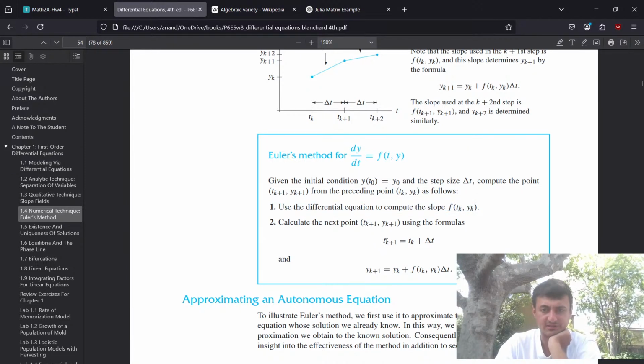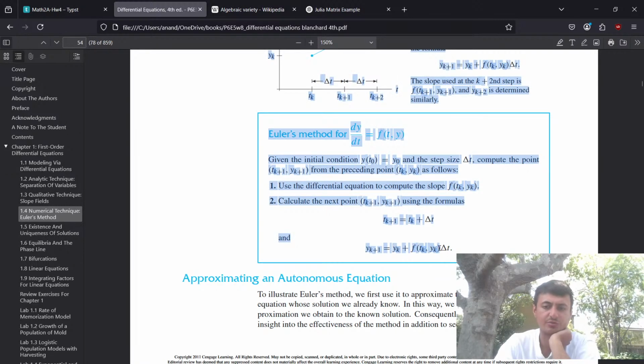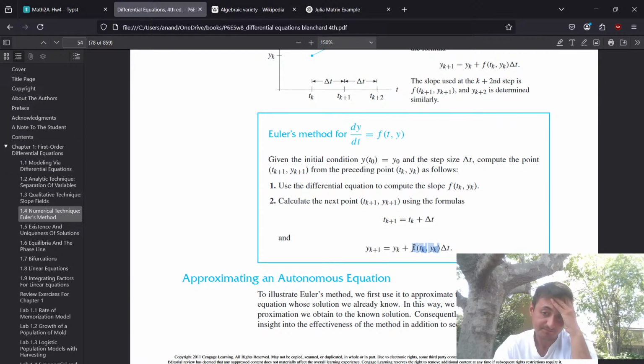Calculate the next time point by adding the step size delta t, and then compute the next y point by adding the previous y point plus the slope of the tangent line through tk, yk, multiplied by delta t.